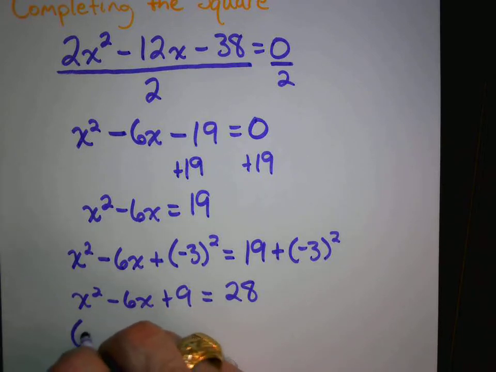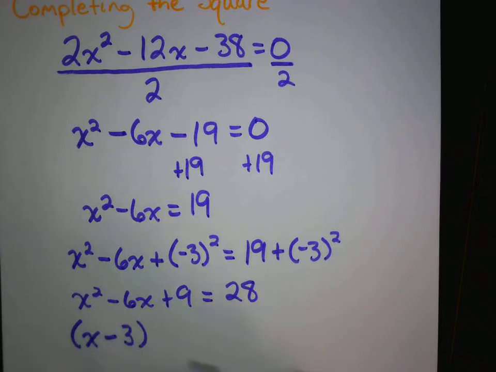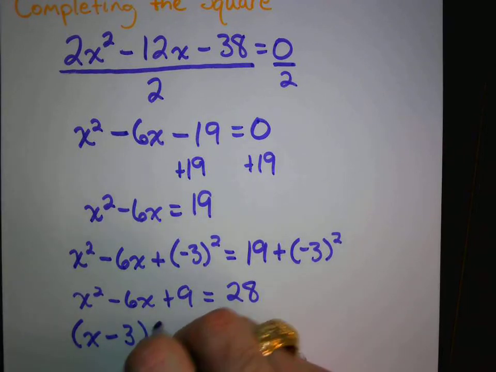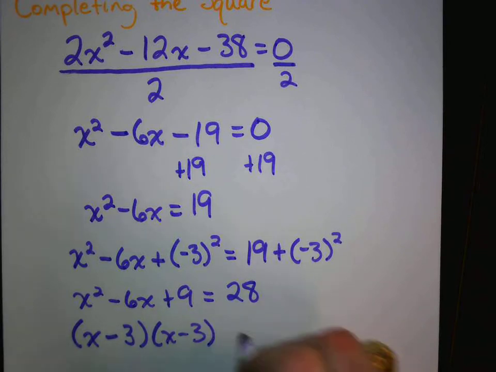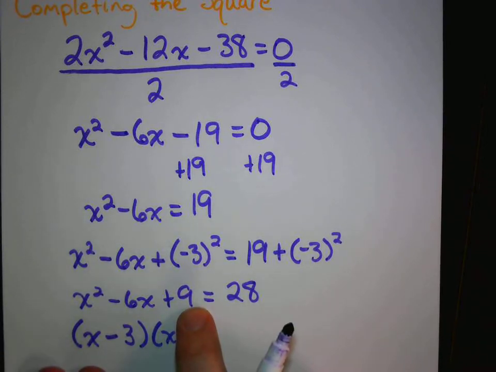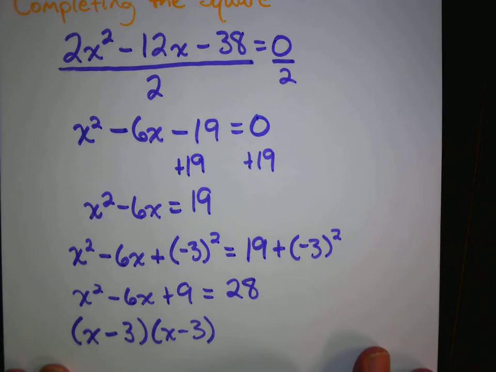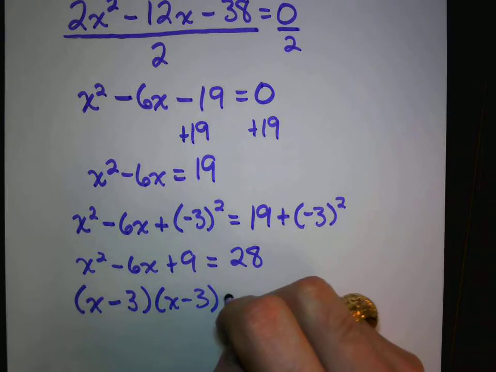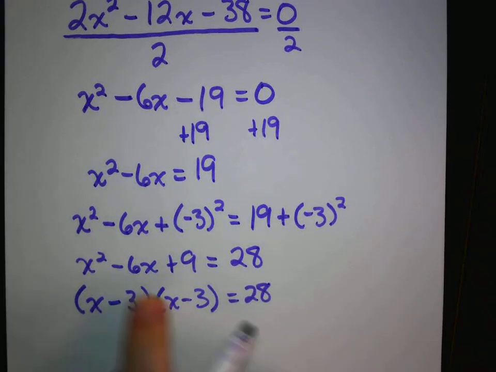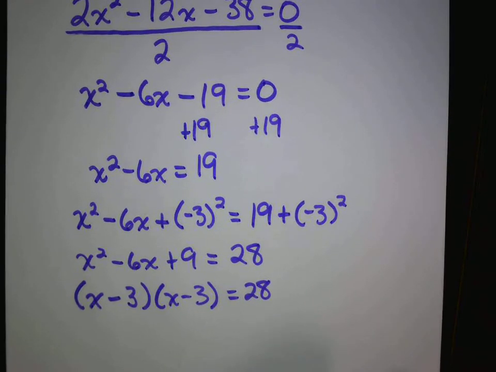So this side will factor to x minus 3 times x minus 3. Now this will always happen because of the way we chose this number. What we got was one thing multiplied by itself, and that still equals 28. We haven't done anything except factor this side.